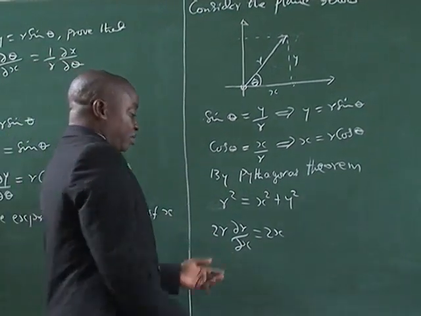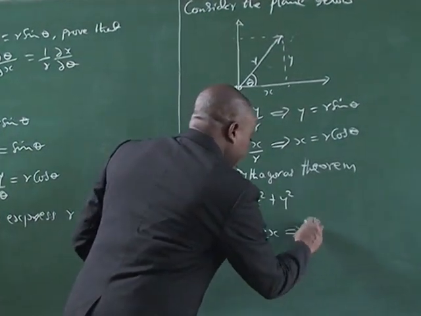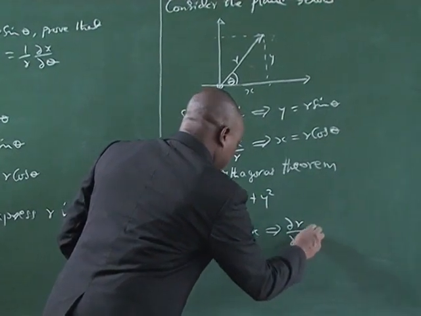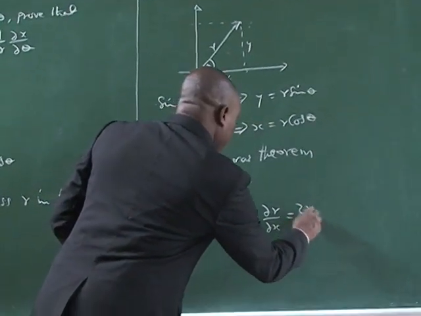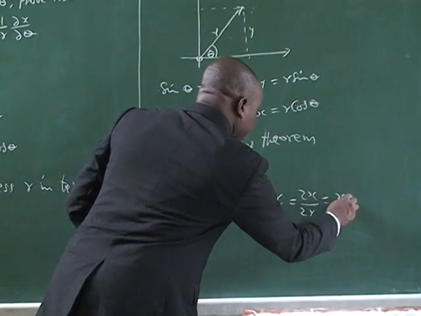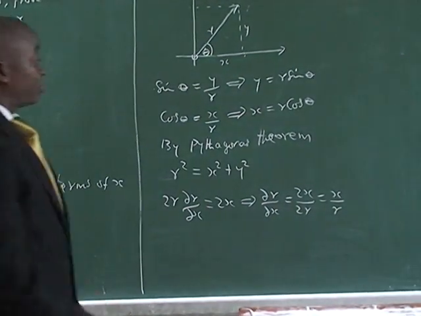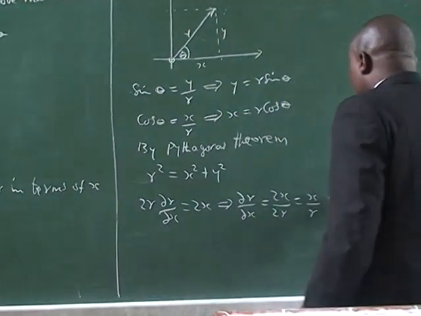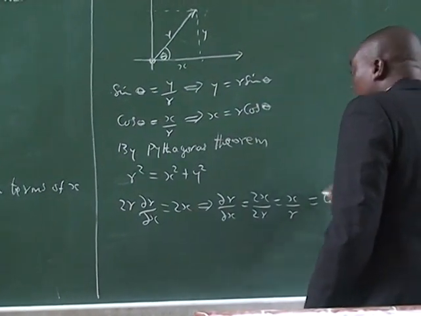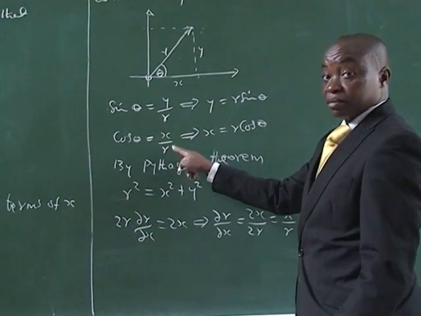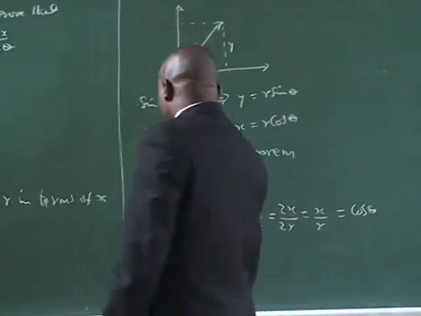So this also implies that partial r partial x is equal to 2x over 2r, which is x all over r. And don't forget that x all over r is equal to cos theta. Look at it. So try to put it there for you to know.